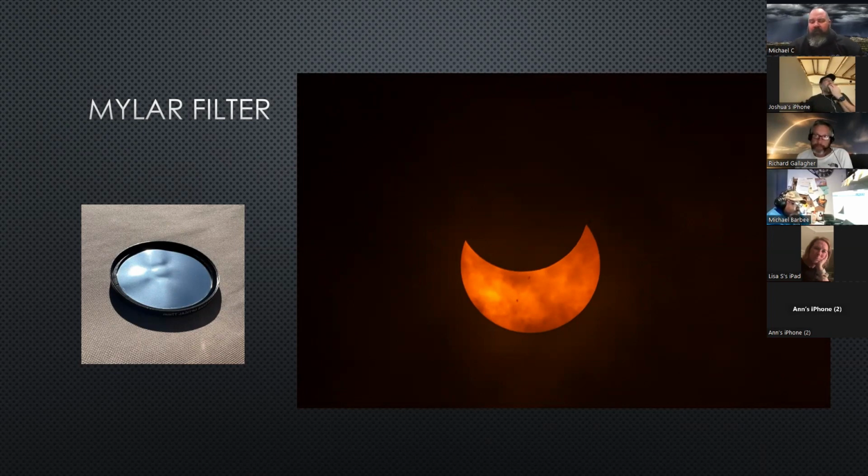That's what filter you need for those sort of things, it's called the hydrogen alpha filter, and they're very expensive, and they actually mount on the inside of your camera between your lens and your sensor, so they're kind of a pain to deal with. It's a whole different thing, but yeah, the Mylars are the way I think to go.